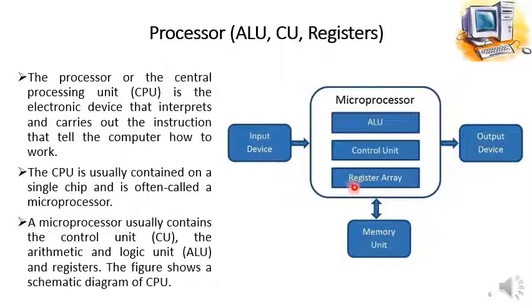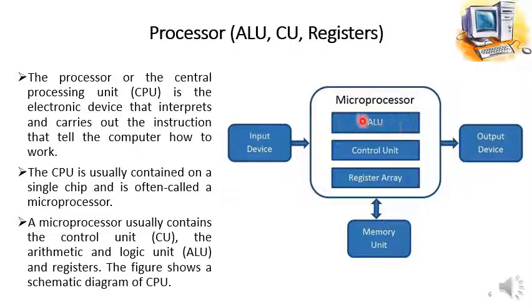If it is a data movement instruction, it will be performed by the control unit, but if the instruction is of some arithmetic or logical nature, in which some arithmetic or logical operations are defined and are going to be performed, then that instruction will be given to the ALU component of the microprocessor, and the ALU stands for arithmetic logic unit. It is responsible for performing arithmetic and logical operations.